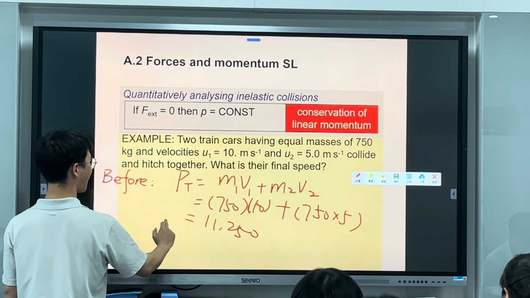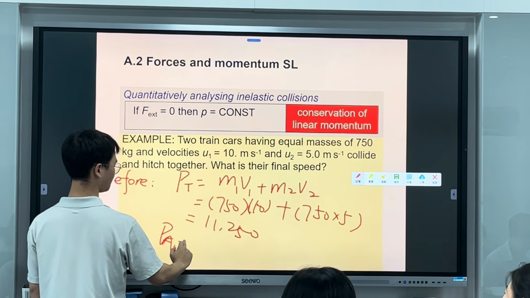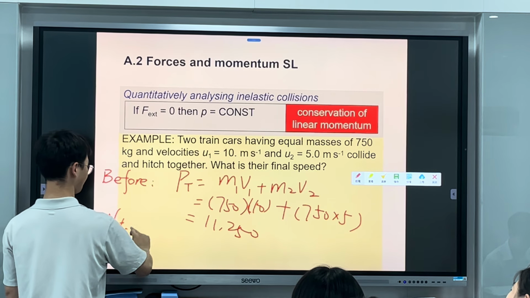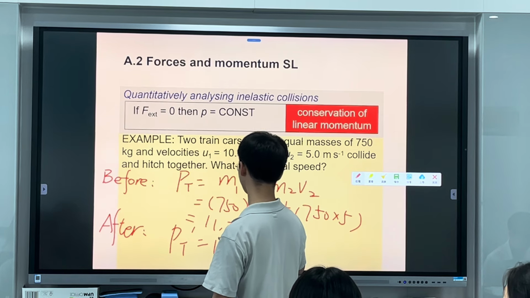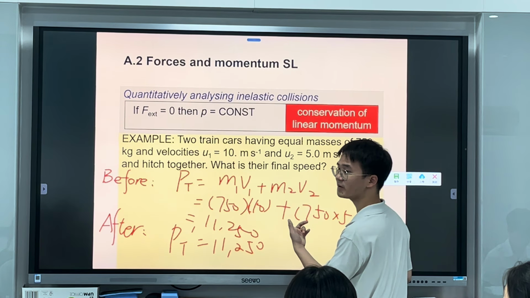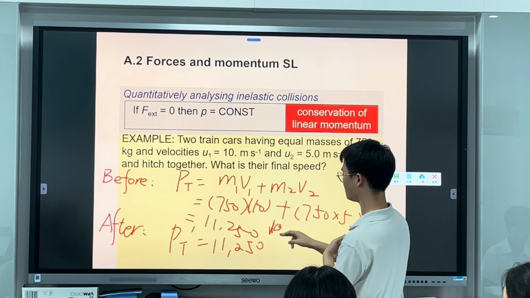So total momentum after should also equal this. Or I'll just use after. P total prime means after, and should also equal 11,250. Is this correct? Everybody got 11,250? Kilogram meter per second.